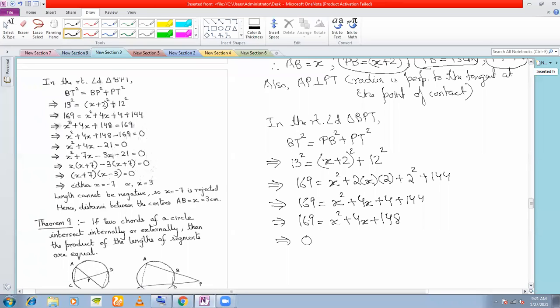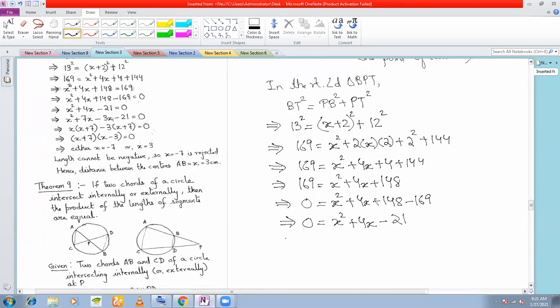If you take 169 to the other side, this side becomes 0, plus 148 minus 169. You get 0 is equal to x square plus 4x. 148 minus 169 is minus 21. Therefore, you're getting a quadratic here: x square plus 4x minus 21 is equal to 0.